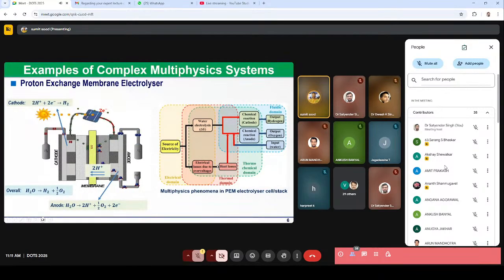In that case, in order to effectively remove or regulate that heat, we have to deal with the thermal domain, and to flow the water effectively through the anode and cathode side, we have to deal with the fluidic domain. And most of the time there is a coupling between these, which means that one phenomenon depends on another type of phenomenon.